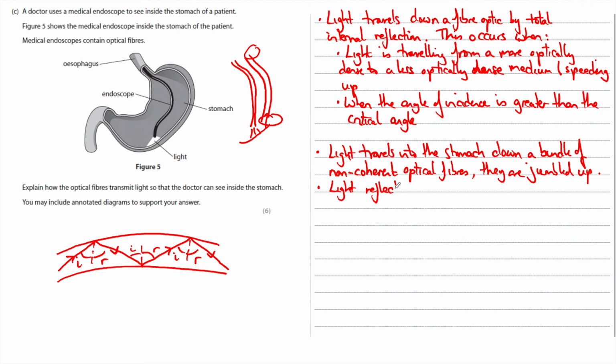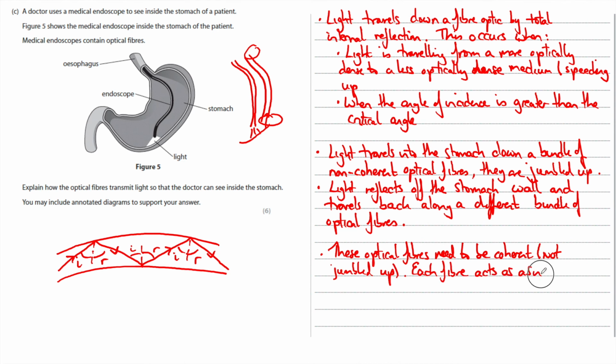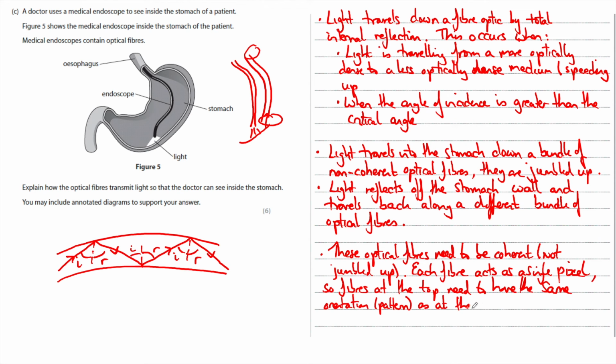Light reflects off the stomach wall and travels back along a different bundle of optical fibres. These optical fibres need to be coherent, not jumbled up. Each fibre acts as a single pixel. So fibres at the top need to have the same orientation, pattern, as at the bottom to produce a clear digital picture.